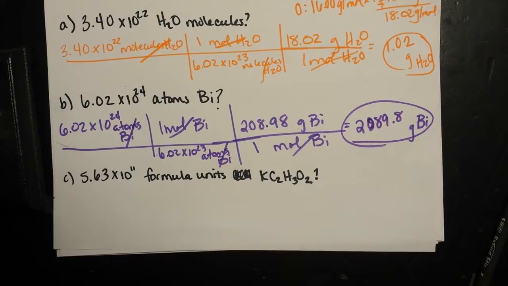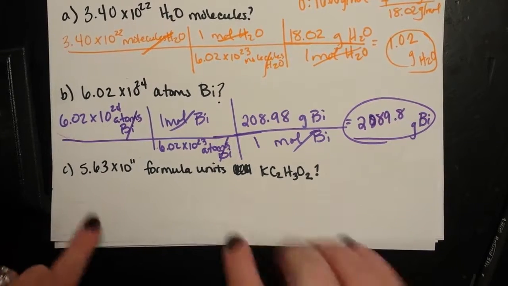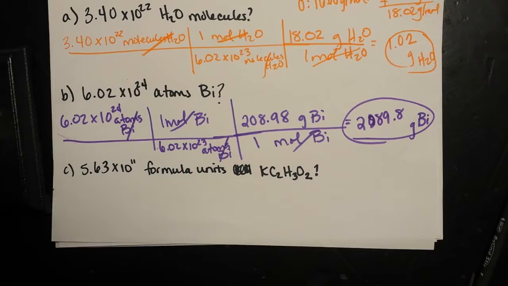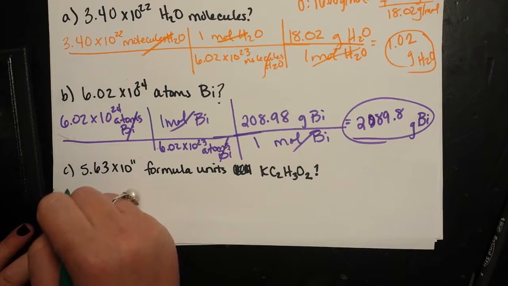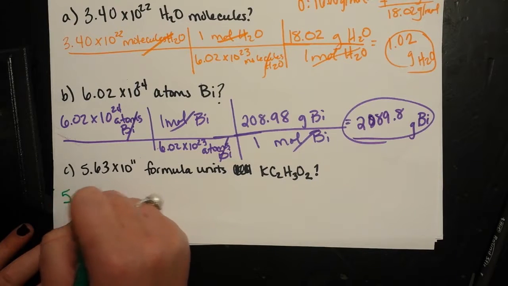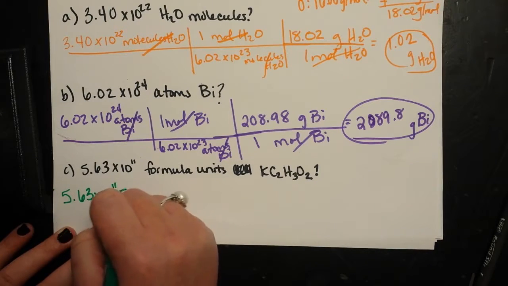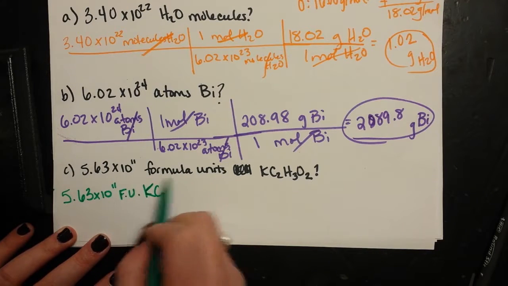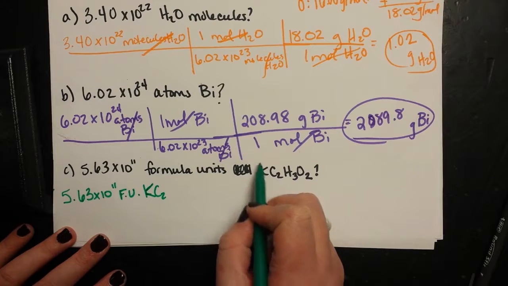And then for the last problem, let's convert the number of formula units of potassium acetate into grams of potassium acetate. Here I'm going to start with 5.63 times 10 to the 11th formula units of potassium acetate. And I'm going to point out the reason it's formula units is because this is ionic.